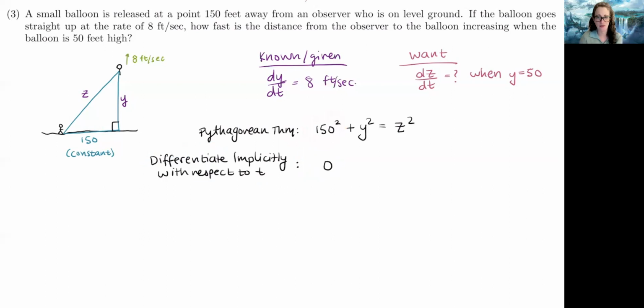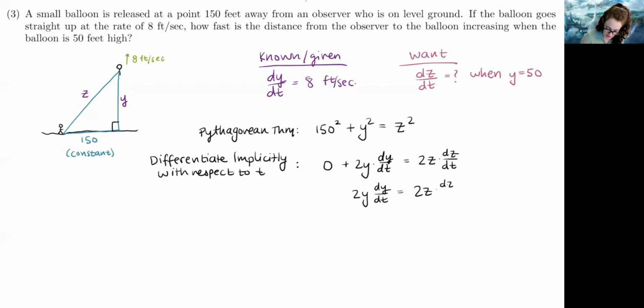I didn't square it out because I knew we were going to do that and I didn't see a point. That's just going to go away when we get our rates. When we differentiate y squared, we'll get 2y times dy/dt. And then when we differentiate z squared, we'll get 2z times dz/dt. So in other words, we have 2y times dy/dt equals 2z times dz/dt.